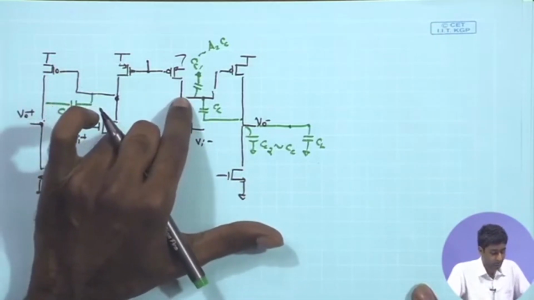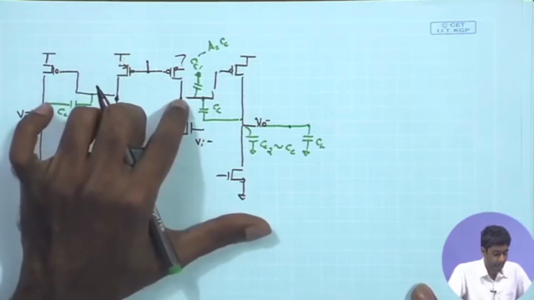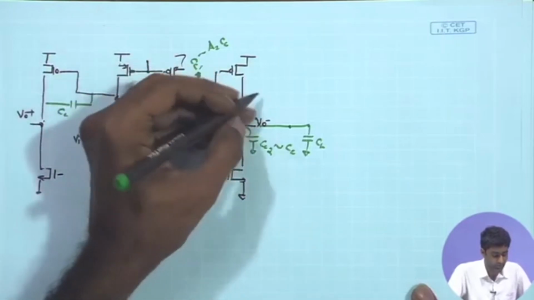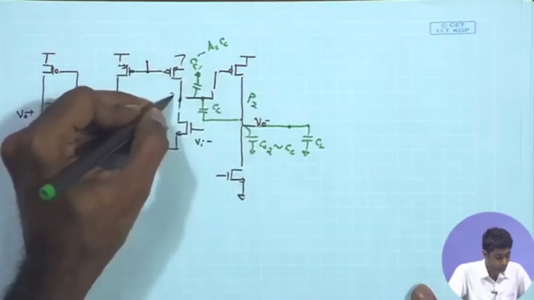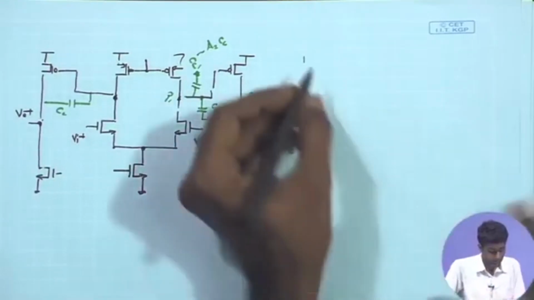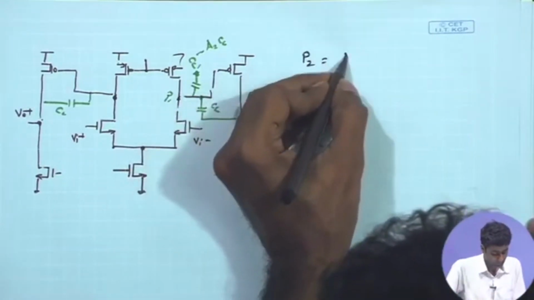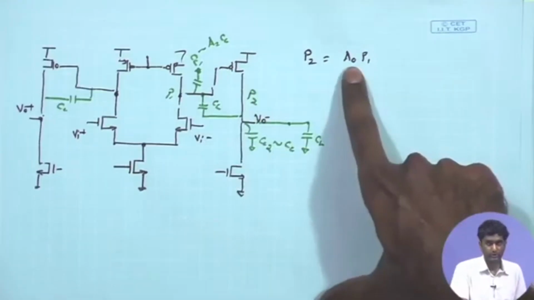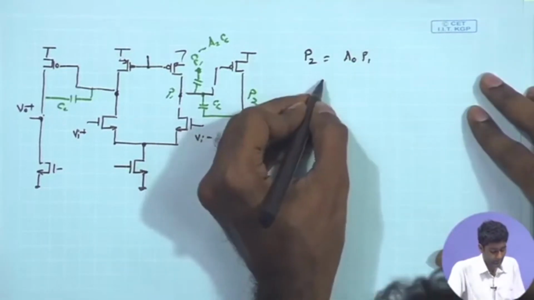So, the lower frequency pole is going to be pushed towards low frequency, and we want the second pole, that is the non-dominant pole, let us call it P2, to be A naught times P1, where A naught is the low frequency gain of the two stage, that is A1 times A2.